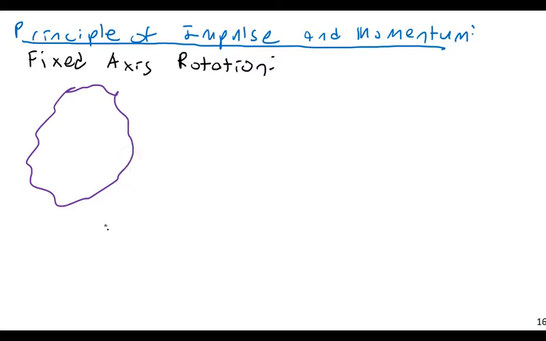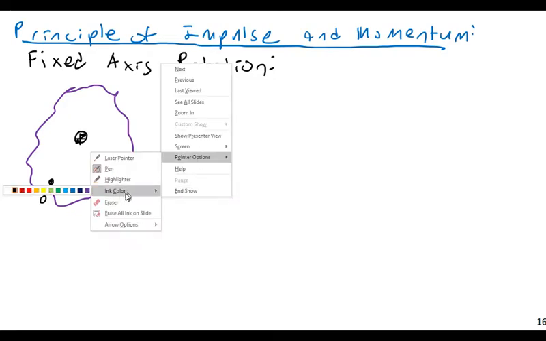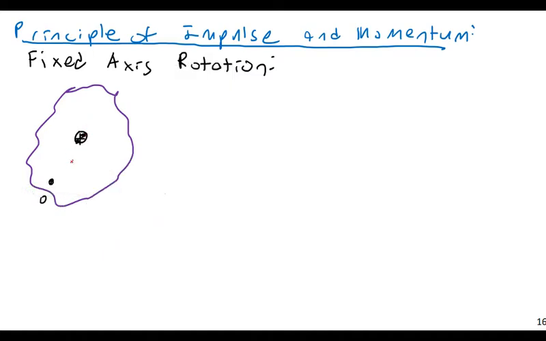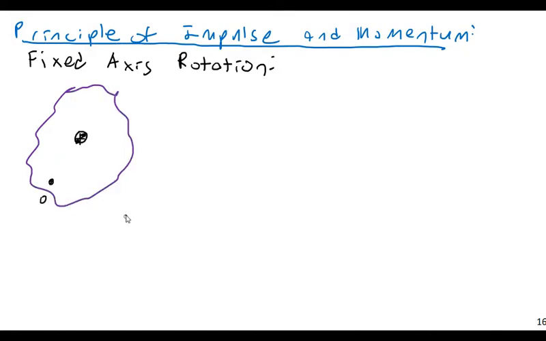So we're going to have two points: one, the center of mass G, and then the fixed point of rotation, O. And let's say we have some angular rate of rotation, an omega here. This thing is rotating about O.